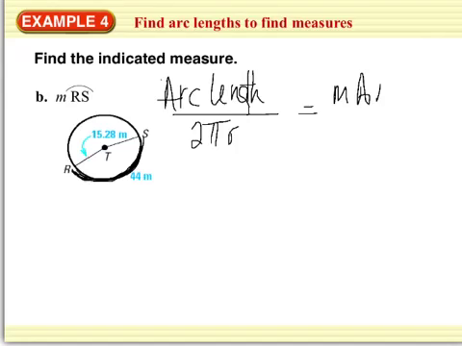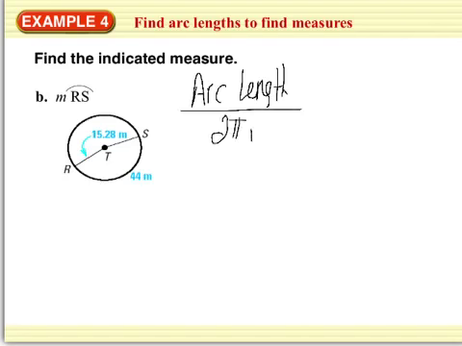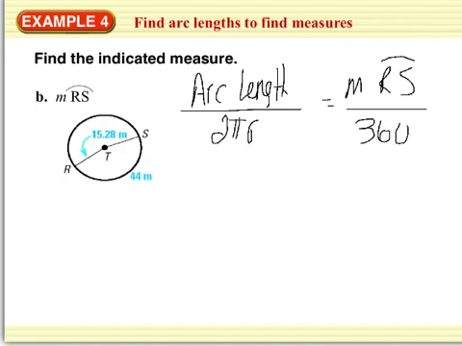Hold on. Start over. Arc length over 2 pi r equals the measurement of the arc in degrees over 360. This is what we're trying to solve for, so I'm going to multiply both sides by 360 because it cancels those. Let's plug in what we know.